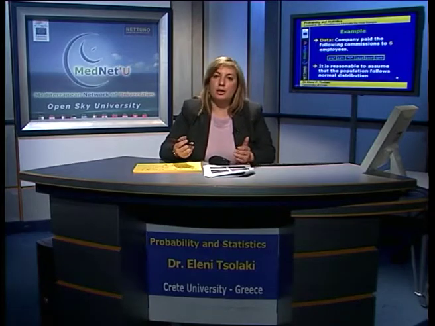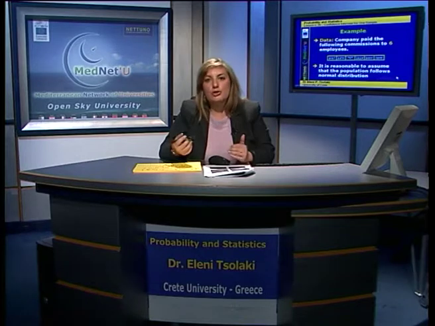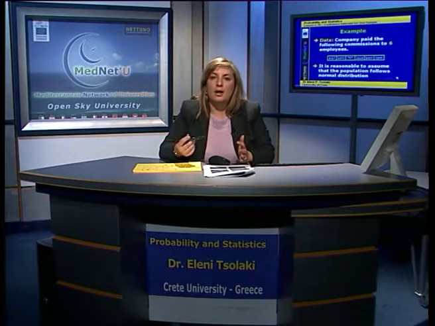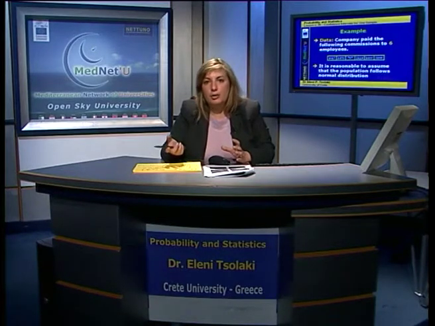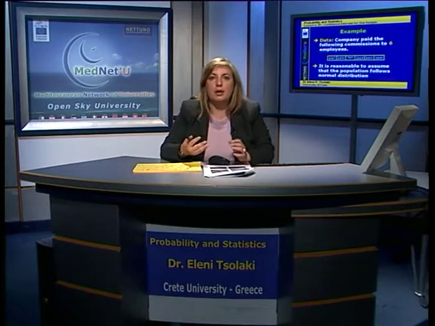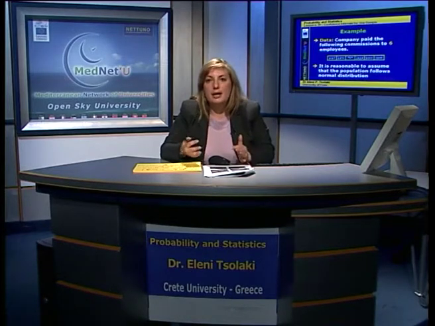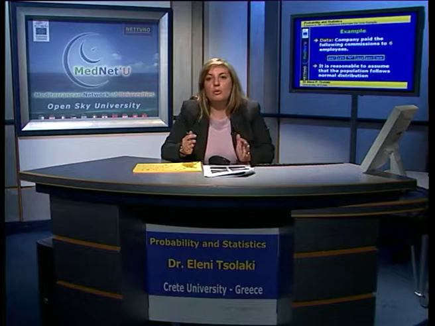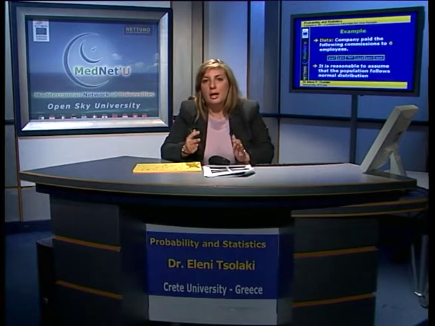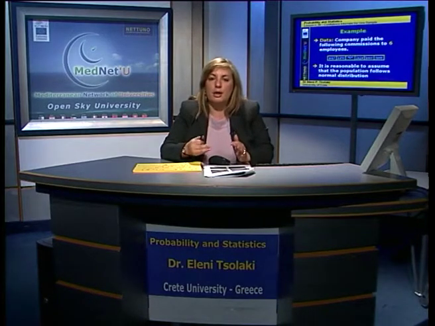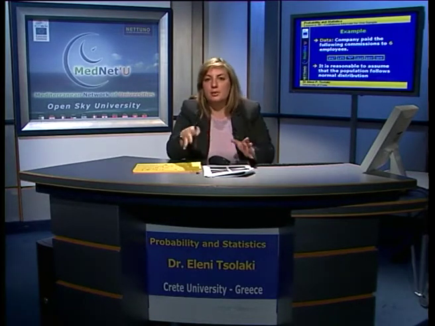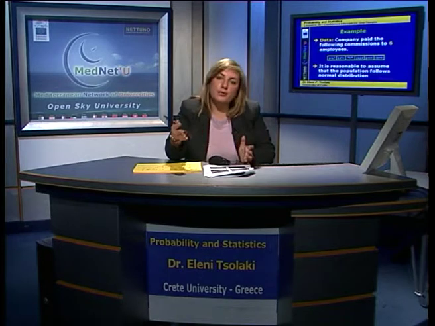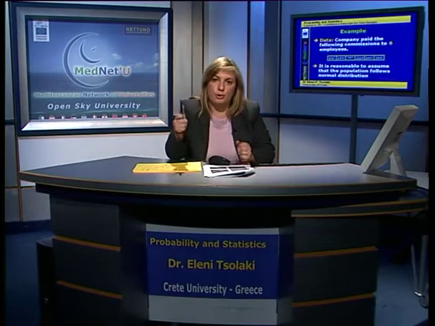That is because we assume that not a lot of people get a high commission, not a lot of people get a low commission, and there is a mean value around which most people are, let's say, symmetrically distributed. So we say that it is reasonable to assume.